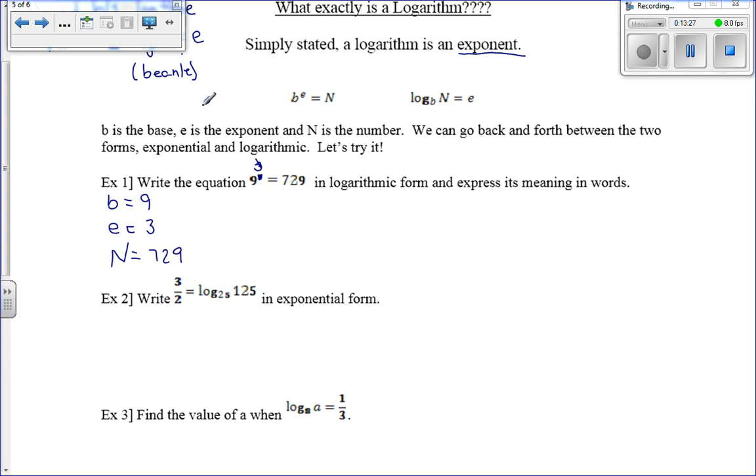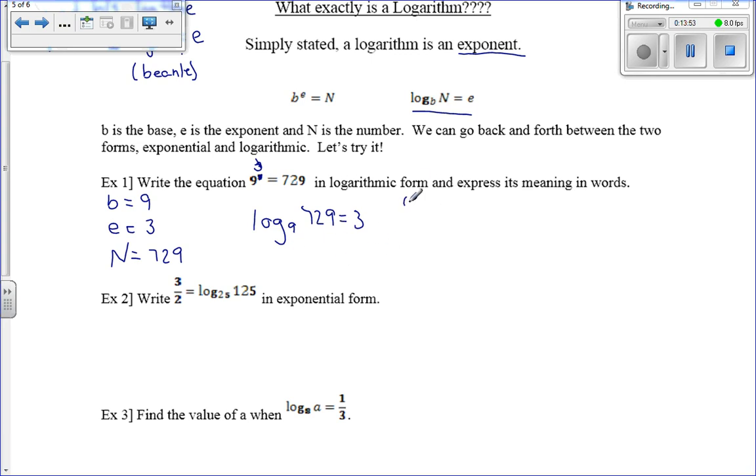So I need to put it in logarithmic form. I'm going to say log base 9, and we draw a little 9 like a subscript, of my number 729 equals my exponent, which is 3, because a log is an exponent.